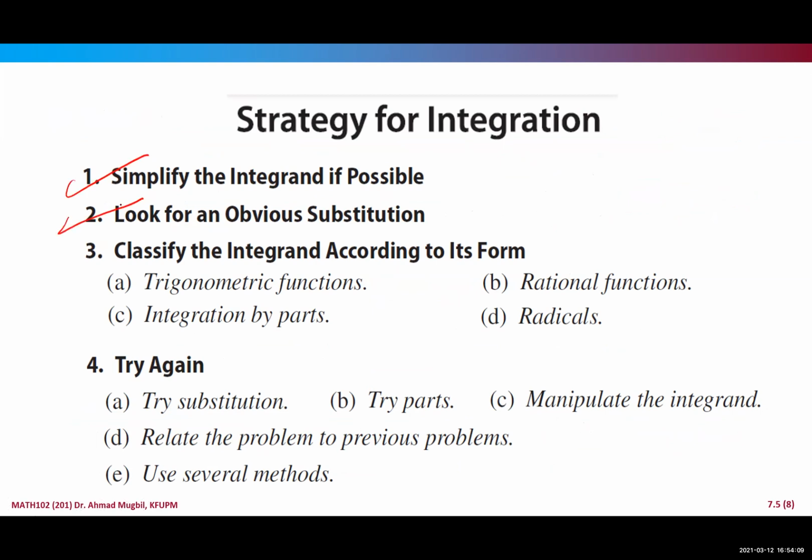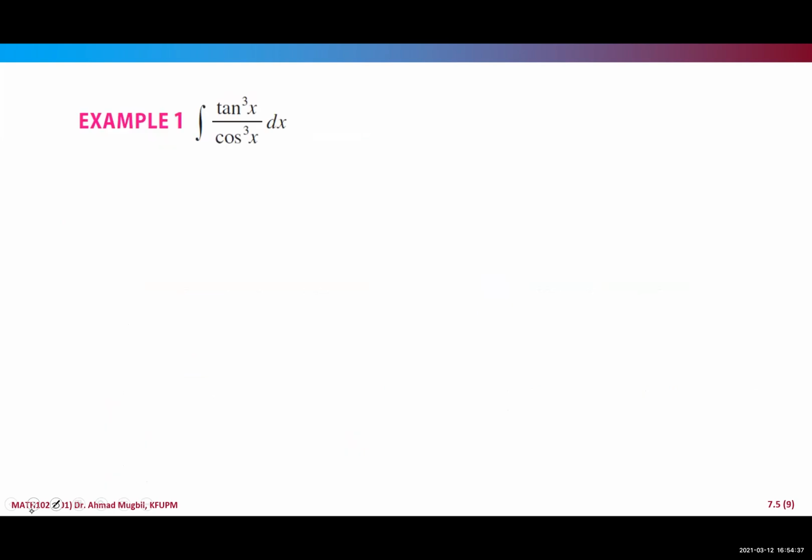Try to find a clear substitution that makes the integral much simpler. Classify your integrand: is it trigonometric or rational or by parts or radical? Try again, try substitution, try by parts, try to simplify your integrand algebraically, relate your problem to previous problems, use several methods or several substitutions.